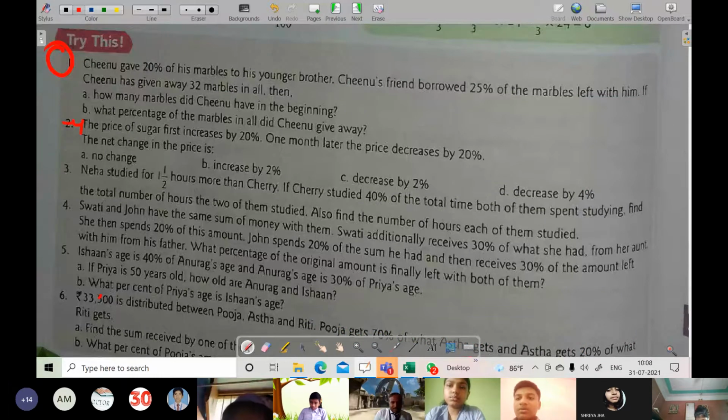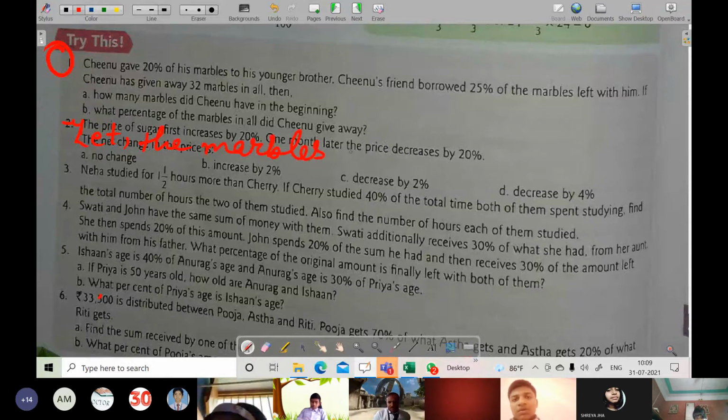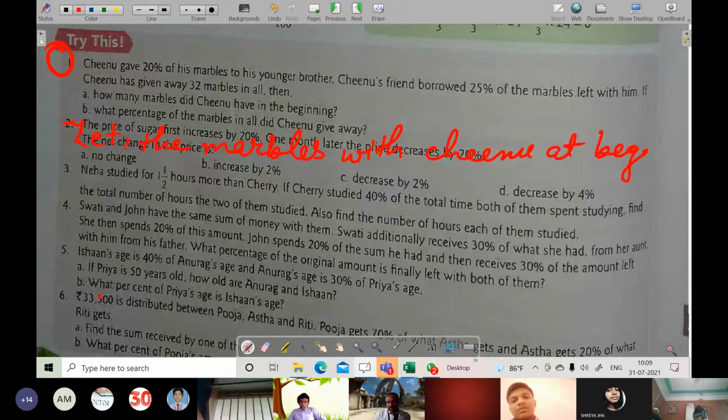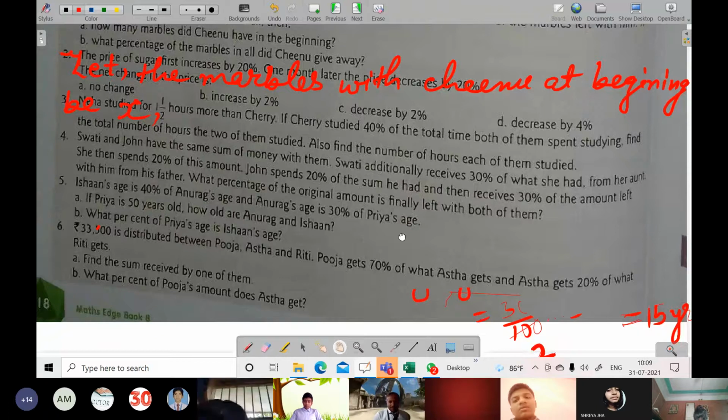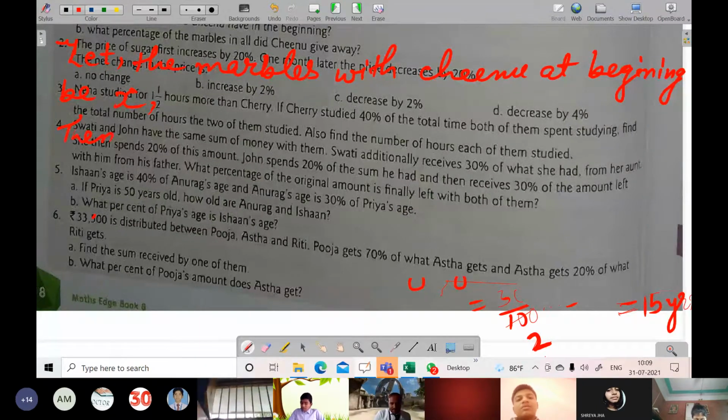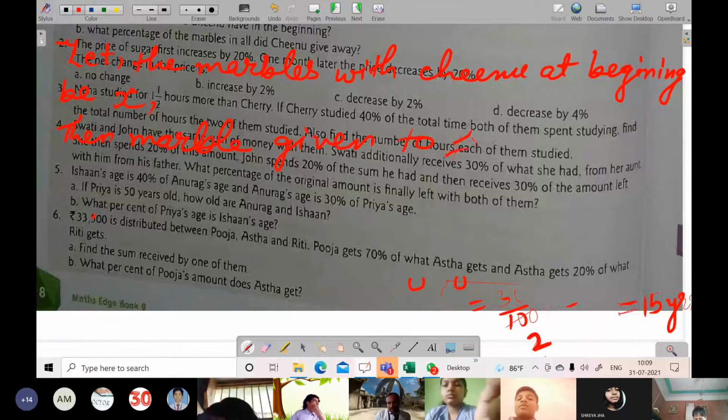Yes, you can write: let the marbles with Chinu at the beginning be x. Then the marbles given to younger brother are equal to 20% of x.